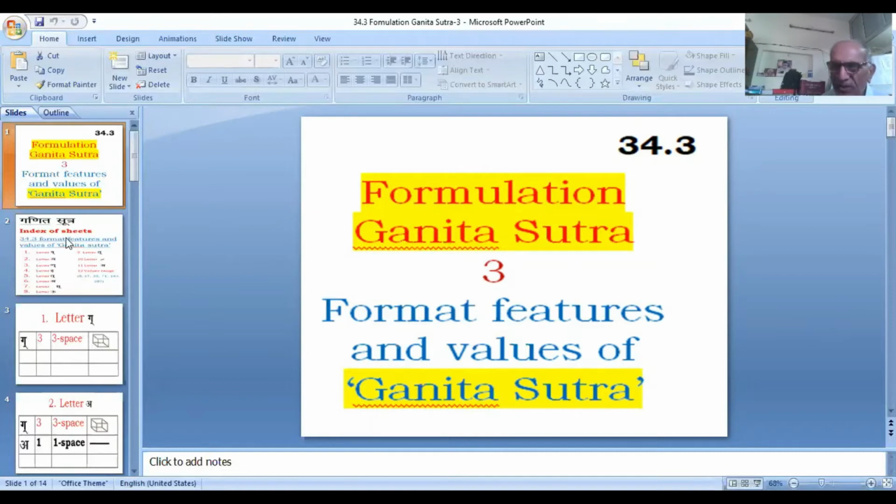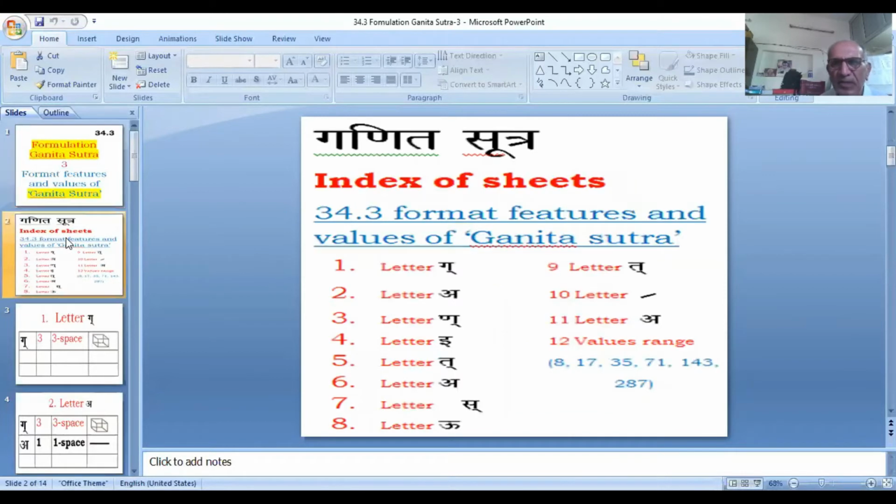The Formulation Ganita Sutra is a composition of a pair of words, Ganit and Sutra. The word formulation Ganit is a composition of 6 letters Ga, A, Ana, I, Ta, and A. These 6 letters make 3 syllables.